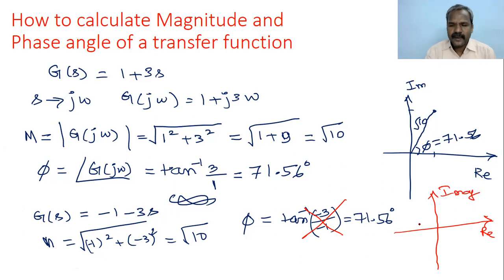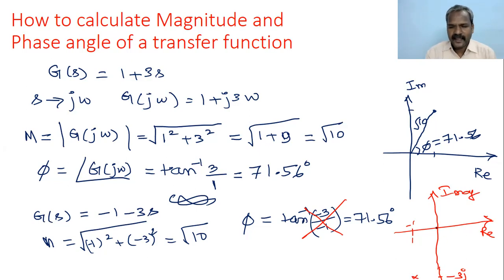So minus 1 is here, minus 3 is on the downside, so minus 3j omega. This is minus 1, minus 3j. Understand? So the point will be here.